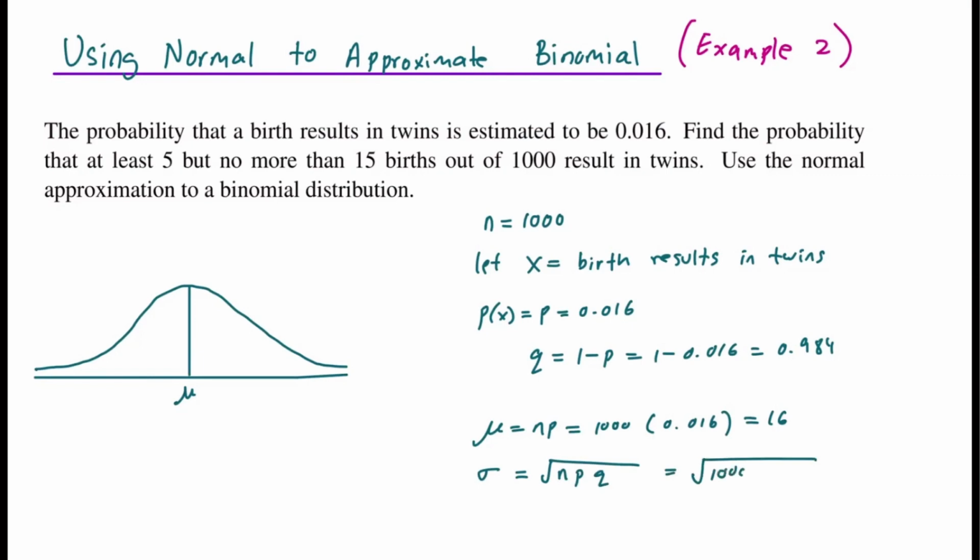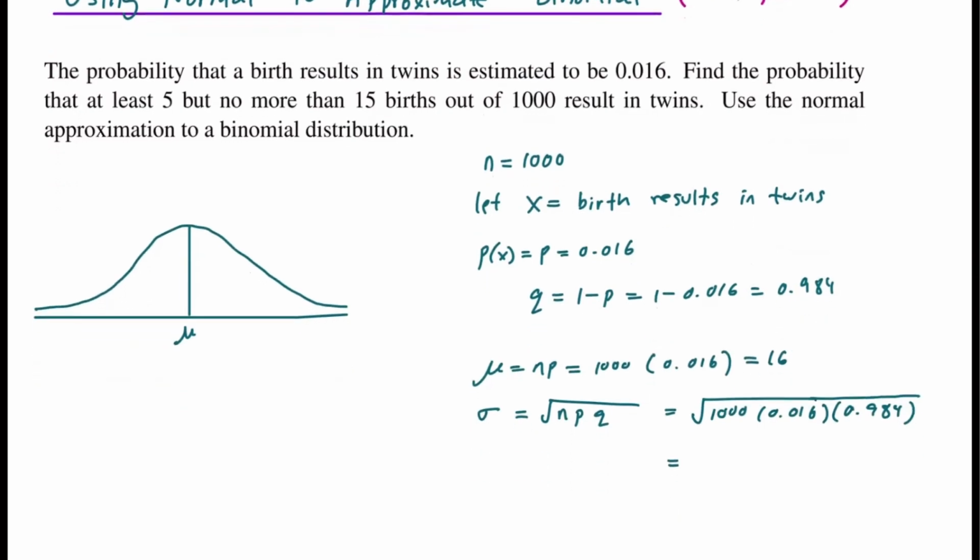So that's 1,000 times 0.016 times q, that's going to be 0.984. All right, so put all of this in your calculator and you'll get a value of 3.97. All right, so I'm keeping it to 2 decimal places for this. So all of this stuff is important when we approximate this using the normal distribution.